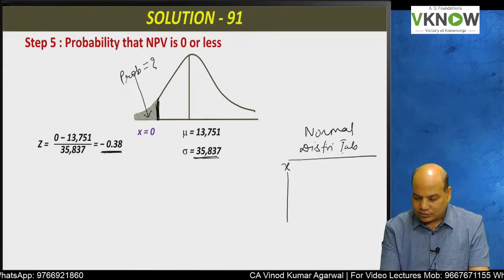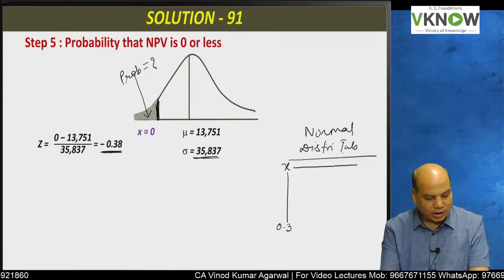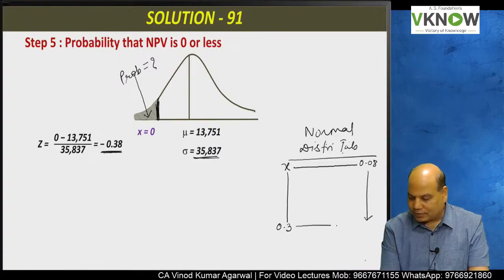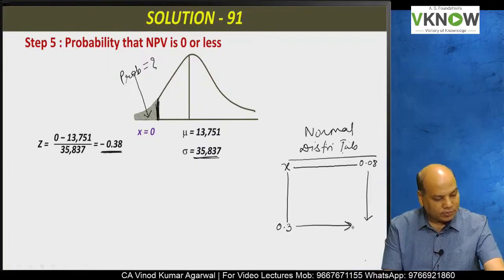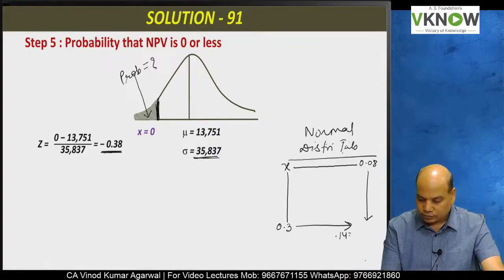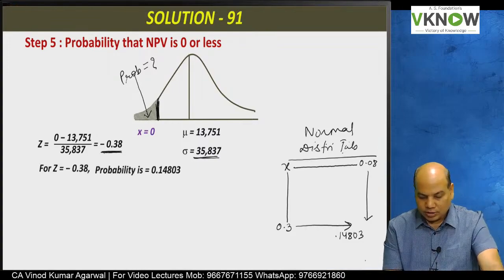First column, X column, 4th line you will find 0.3. Go to second last column 0.08 and see what is the number for 0.38. The number for 0.38 is 0.14803. Is it there? Right.